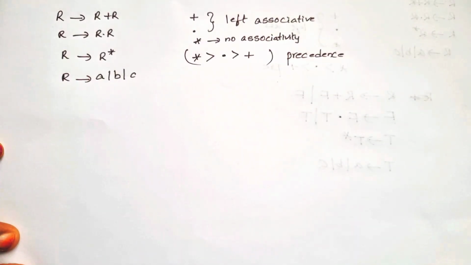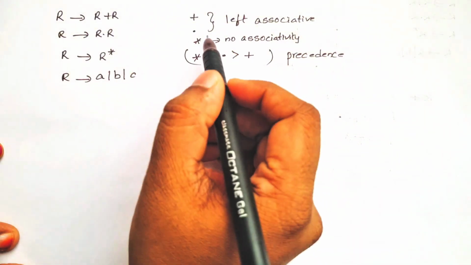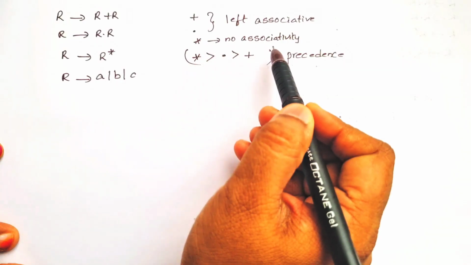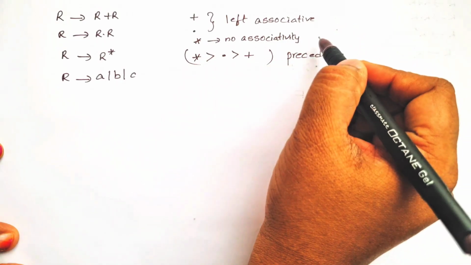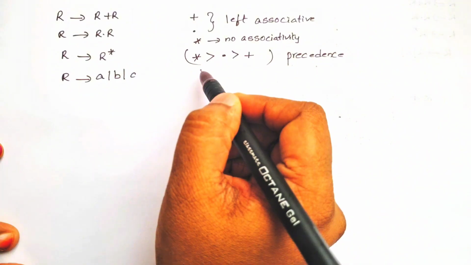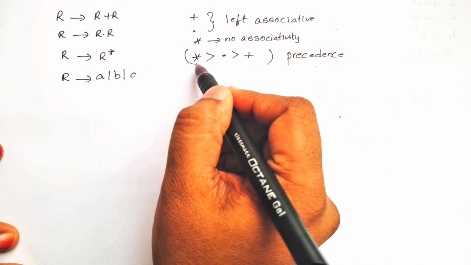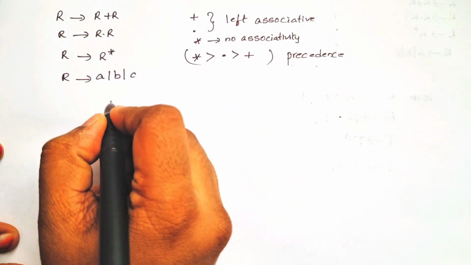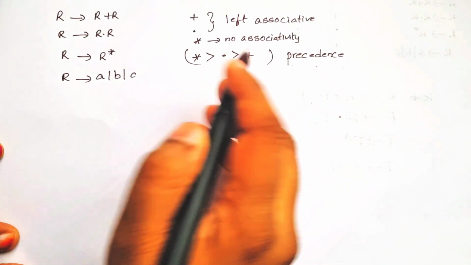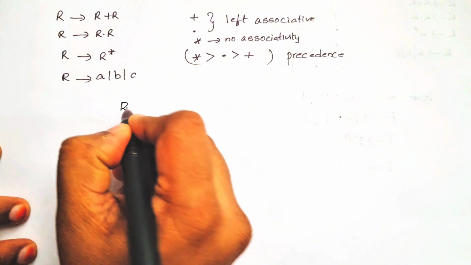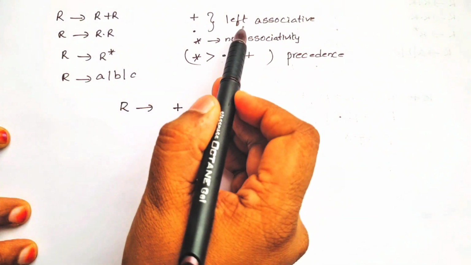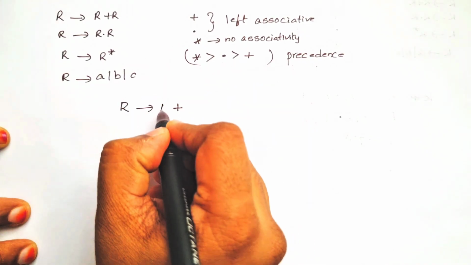Now we shall apply the associativity and precedence rules to remove the ambiguity from this grammar. You can see here plus and dot have left associativity. Kleene closure does not have any associativity as it is a unary operator, and star has higher precedence, and then dot, and then plus. As plus has the least precedence, that production will appear first. And what about the associativity? It is left associative, meaning you need left recursion.